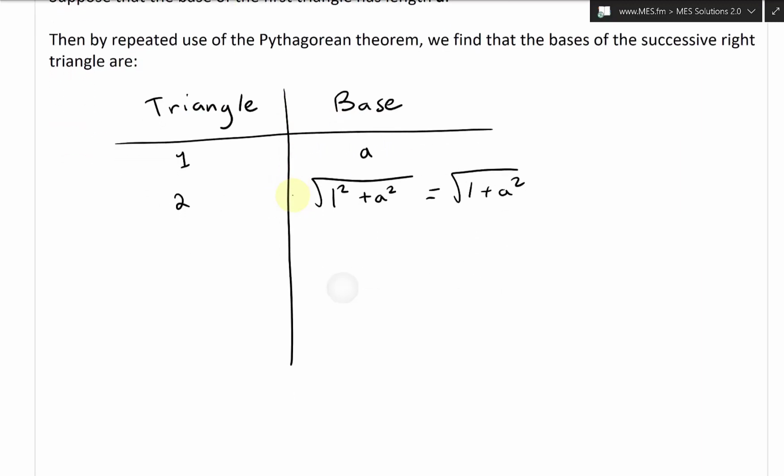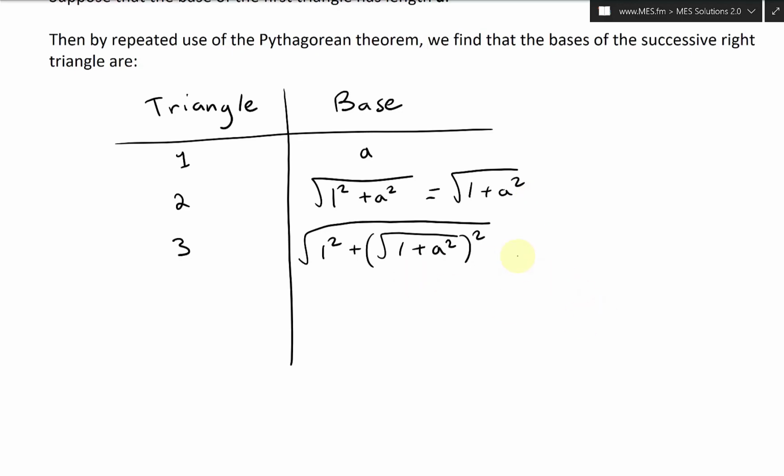Now the third triangle: this is the new base, and again there's another 1 squared because all the heights are 1, plus this one squared, the square root of 1 plus A squared, all squared. The square roots cancel because we're squaring it. This equals 1 squared plus 1 plus A squared.